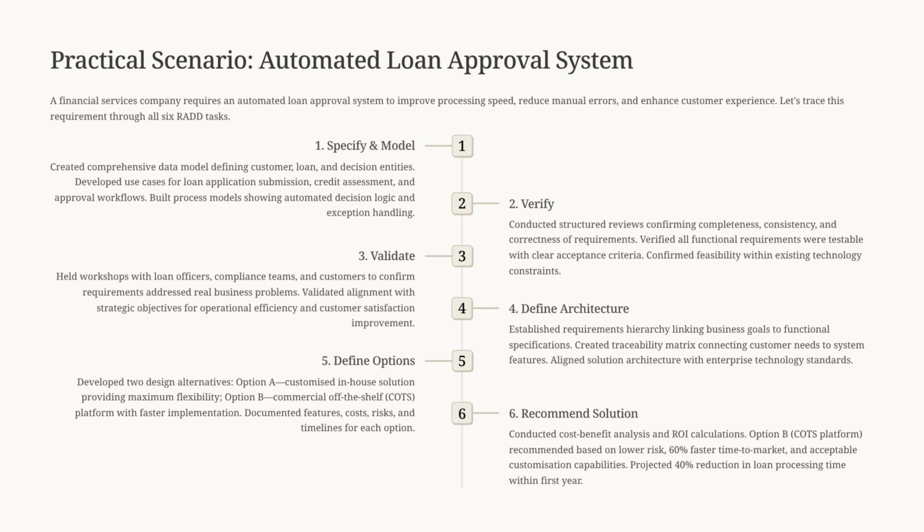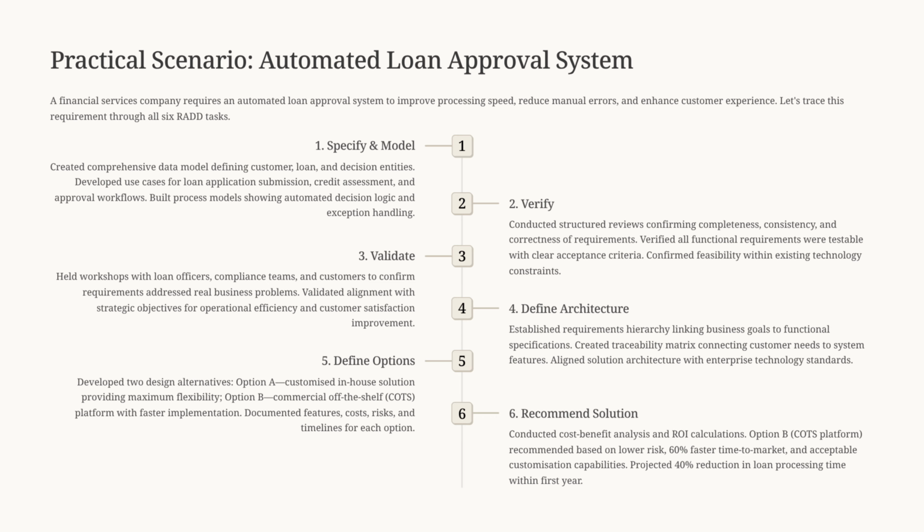Define architecture. Build a requirements hierarchy connecting business objectives to functional features. Create a traceability matrix. Define design options. Option A, custom in-house build for flexibility. Option B, commercial off-the-shelf COTS solution for faster rollout. Recommend solution.